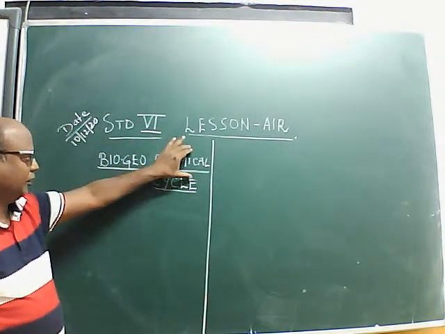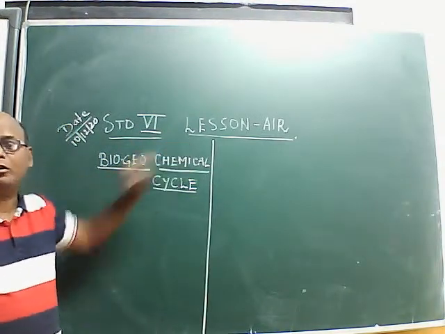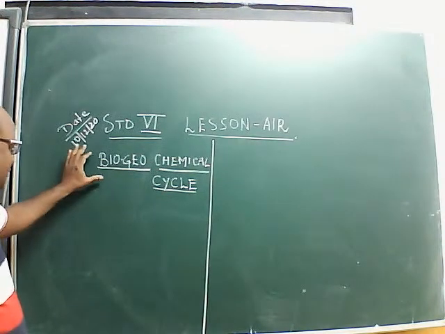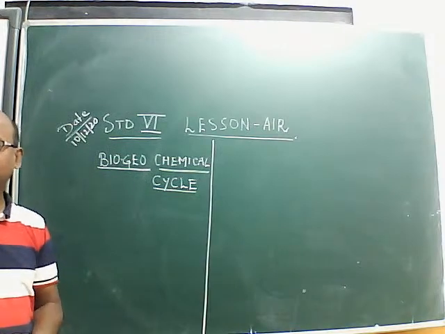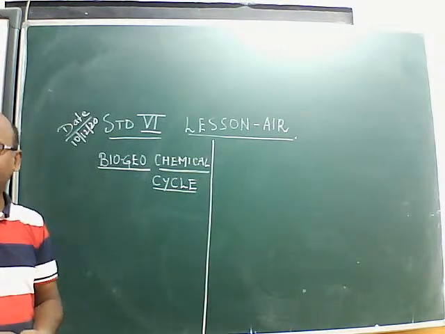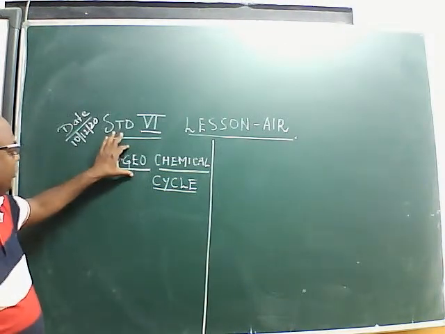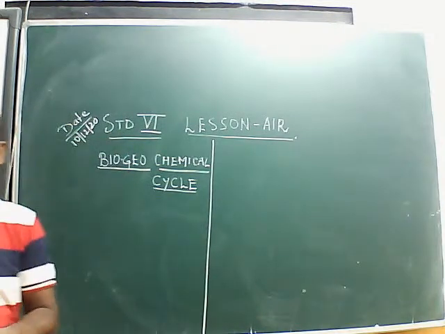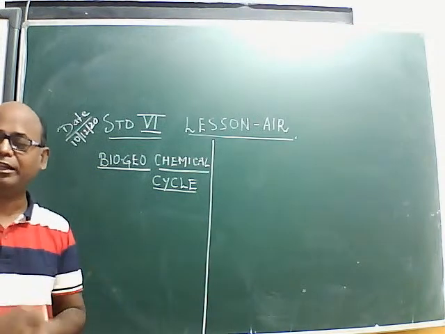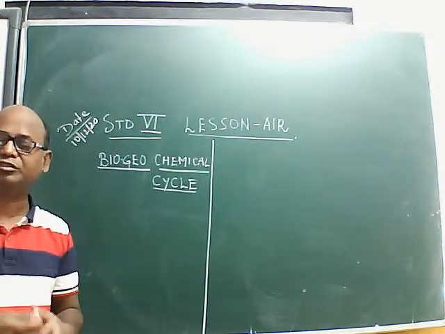It means how a chemical in its element form is transferred, how it passes into the biological world, that is plants and animals, the biotic component, and how it gets transferred into the abiotic component like water, air, soil.